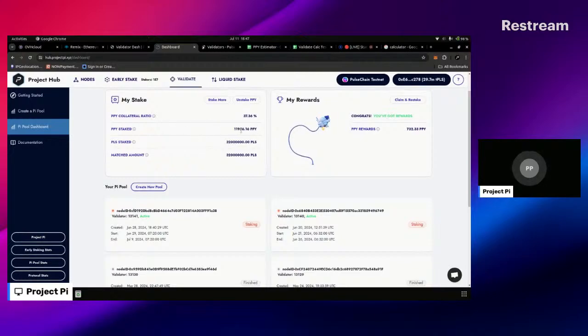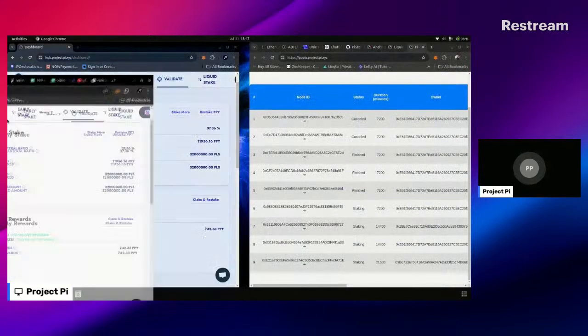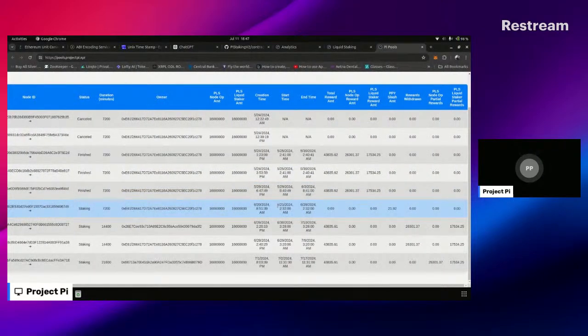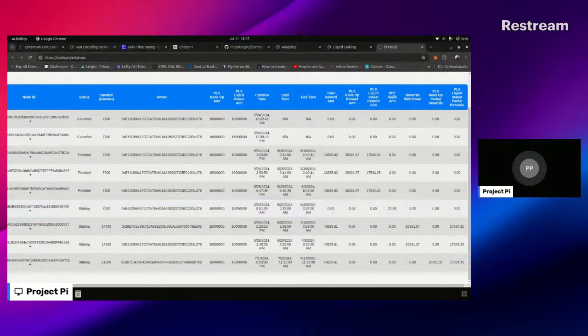So some PPY was actually slashed from this value, which we can look and see here. That would be number 6. You can see the date here is consistent, the 6/26. And you can see that the PPY slash amount is 21.92.